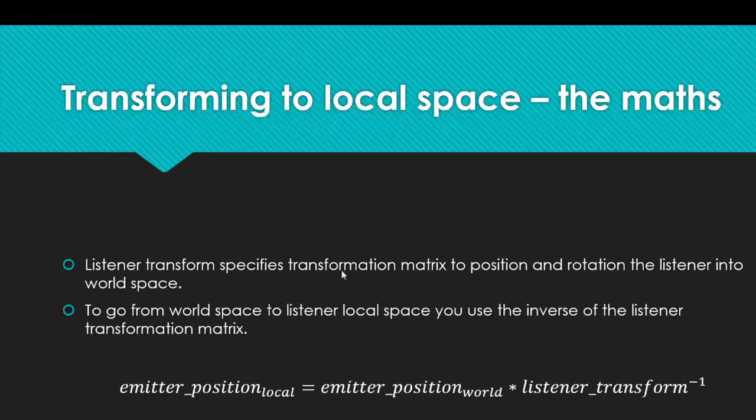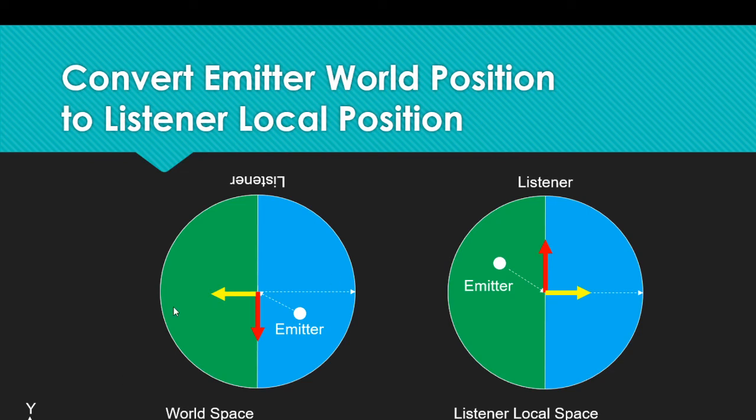Well, we need to use the inverse transform of the listener. So if you imagine here, this is the starting position for a listener, it's at the origin, it's not orientated, and then through gameplay it gets orientated this way. Then its transform is representing a 180 degrees rotation in the Z in this case. It's facing backwards.